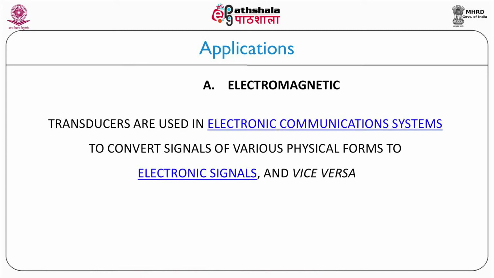Electromagnetic transducers are used in electric communication systems to convert signals of various physical forms to electronic signals and vice versa.